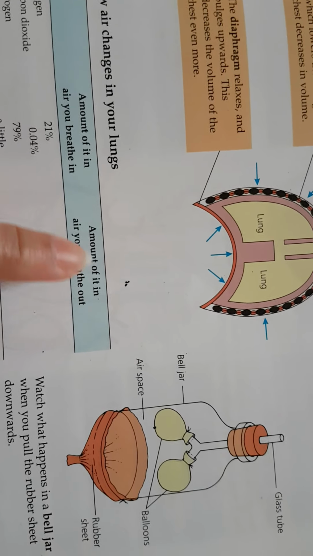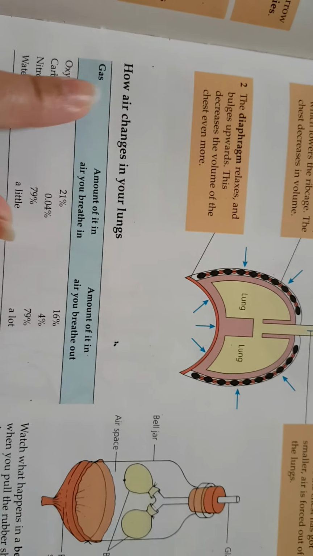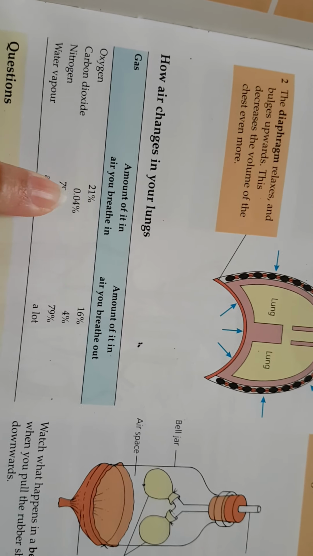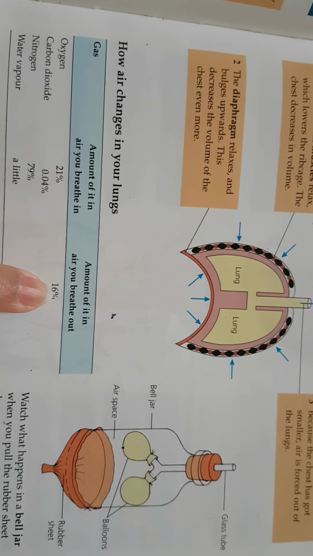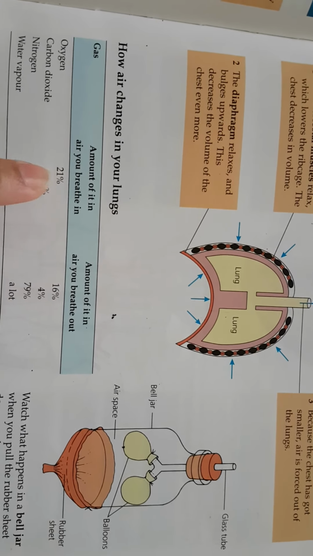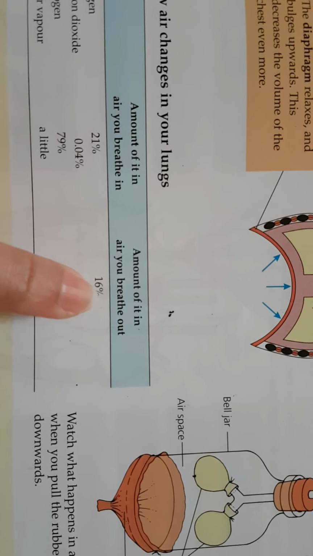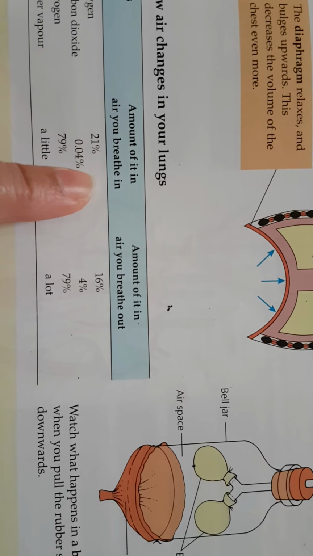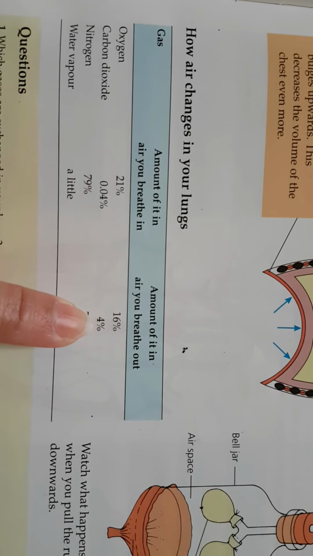Now the amount of each in the air you breathe out. These are approximate percentages. When it is going out, what has happened? You have absorbed some oxygen: if you see here, it was 21, here it is 16. So about 5% is absorbed and the rest of the oxygen is liberated, along with some amount of carbon dioxide.